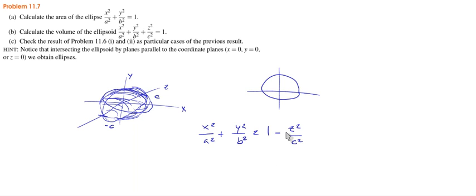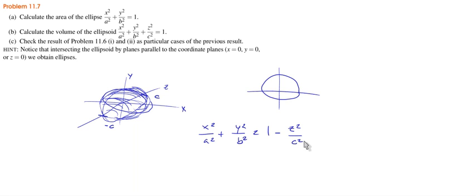At this point z squared is a constant, and c squared is a constant. So this is an ellipse in which the ratio, instead of being 1, is 1 minus z squared over c squared.